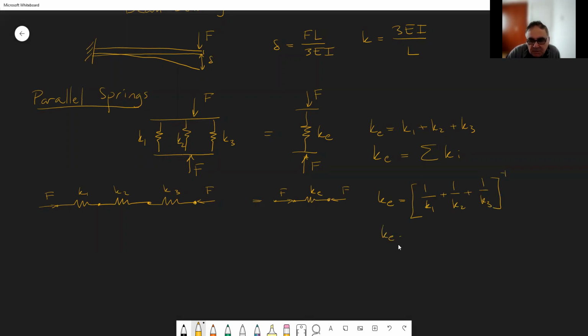So in general, rather, sorry, 1 over KE is the sum of 1 over Ki. Springs are just opposite of electrical resistances. As you might remember, in electrical resistances, you add the series resistances and you add the inverses of the parallel resistances.